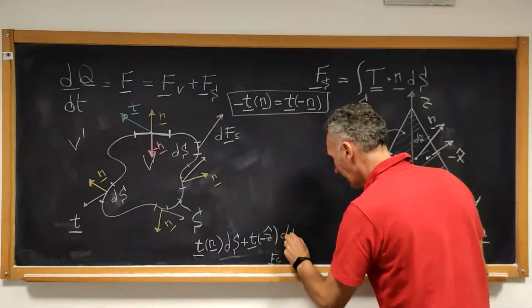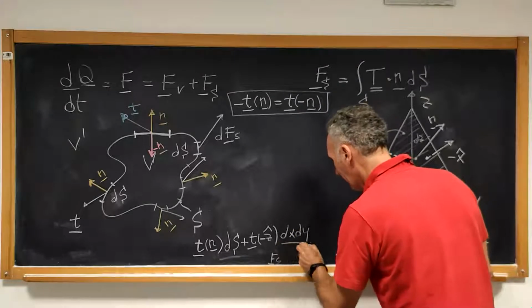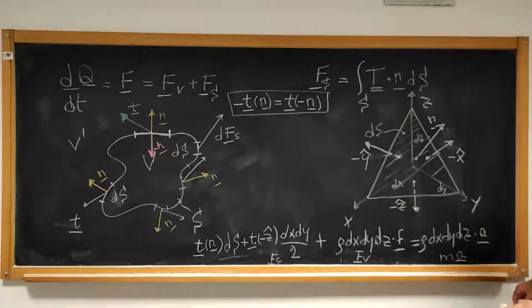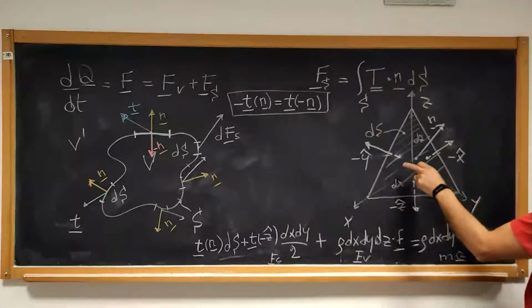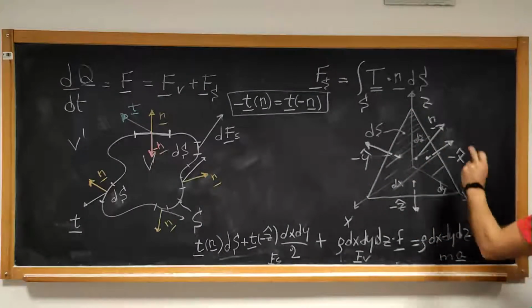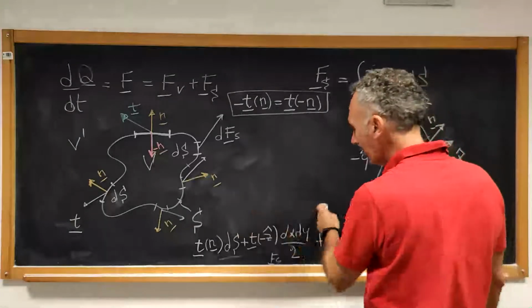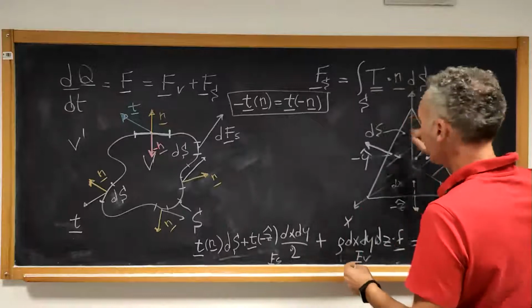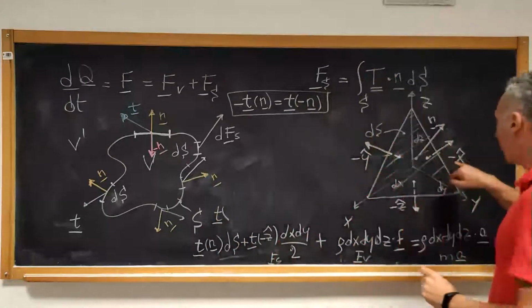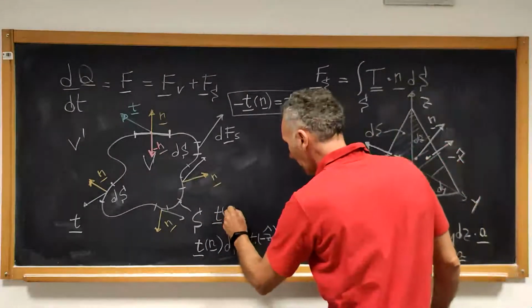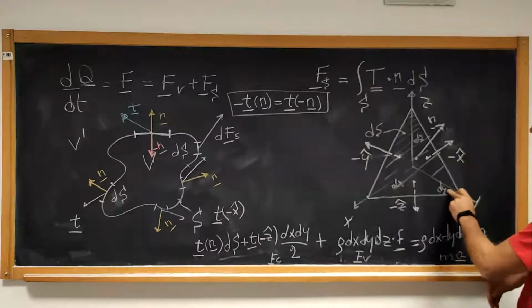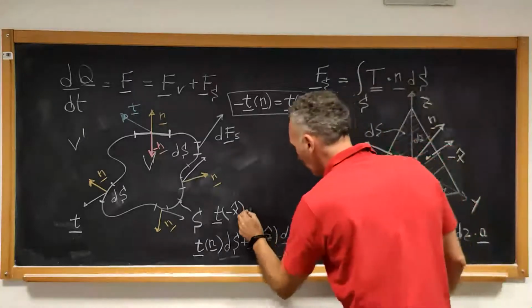So dx dy divided by 2 plus, now we have 2 additional contributions, and they would be the contribution from the xz surface and the contribution from the yz surface. Now I will write the contributions over. So for the yz contributions we have t vector, the outward normal would be minus x hat, and the surface would be dy dz divided by 2.